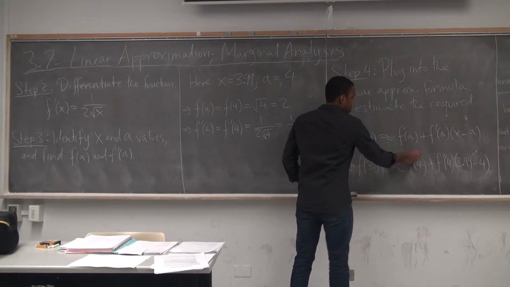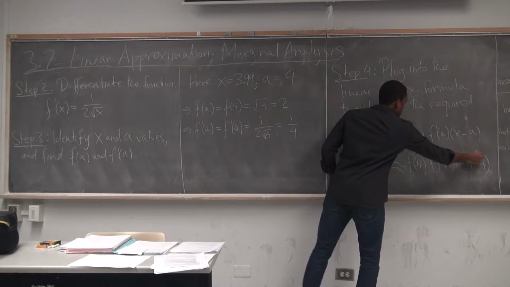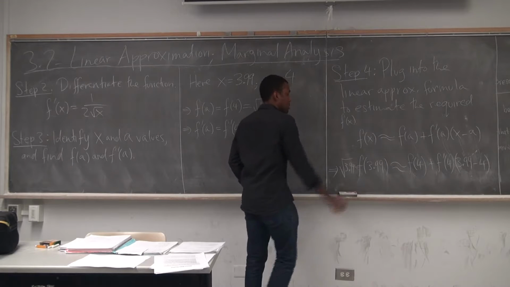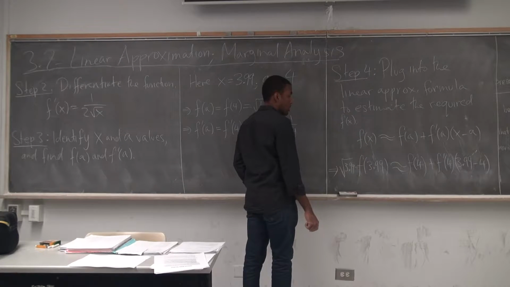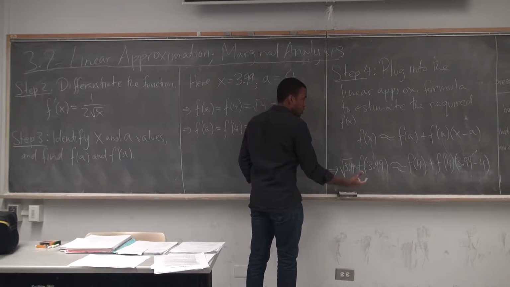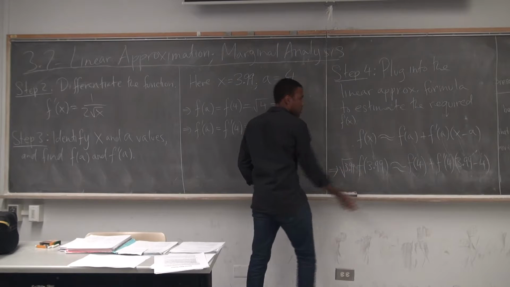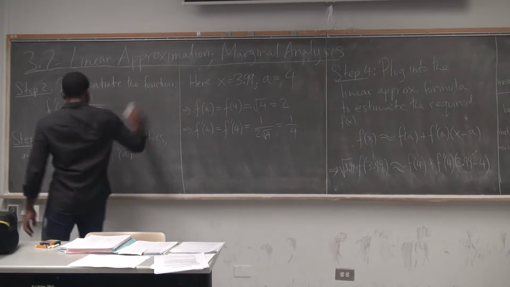So my a is the 4, my x is 3.99. I'm simply plugging everything into this formula. F of 3.99 is actually the radical of 3.99, which is what I want to figure out. It's not a nice number, so I'm going to use these numbers to figure it out. So now you start plugging them in.